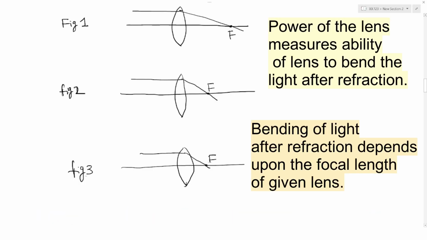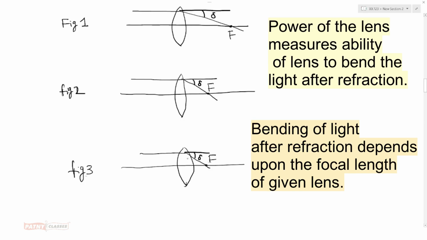The ability of the lens to bend the light after refraction is studied with the help of the power of the lens. In figure 1, there is less bending and the focal length is larger. In figure 2, there is a little more bending but the focal length has decreased. In figure 3, there is the largest bending but the smallest focal length. So the bending of light is related to the power of the lens.